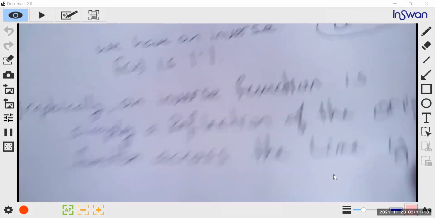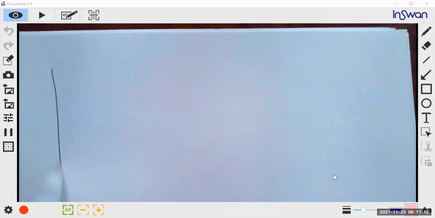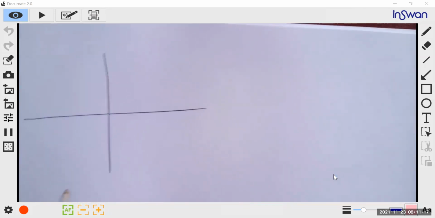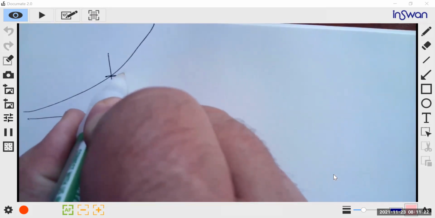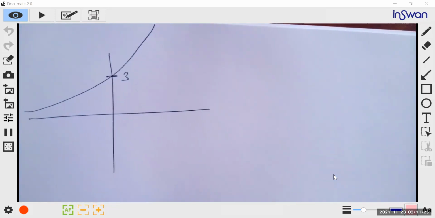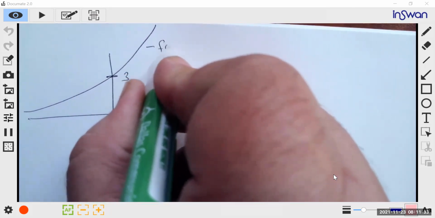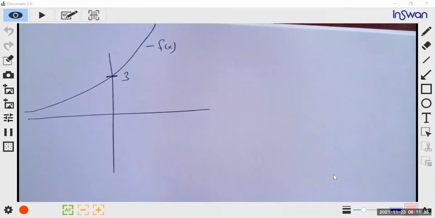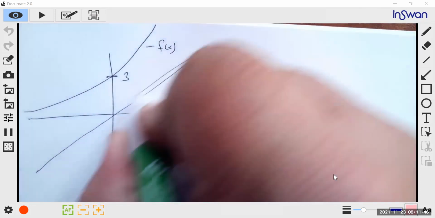Okay, so what is that? If we have a graph, let's say the graph looks like this, and it crosses through 3. This is our function. If it has an inverse, the graph of the inverse, the line y equals x is this diagonal line here.